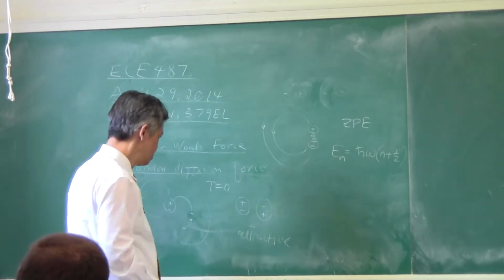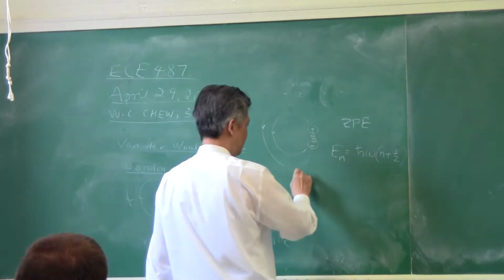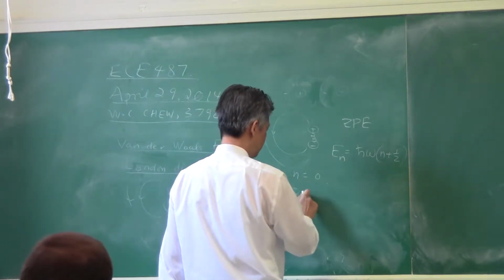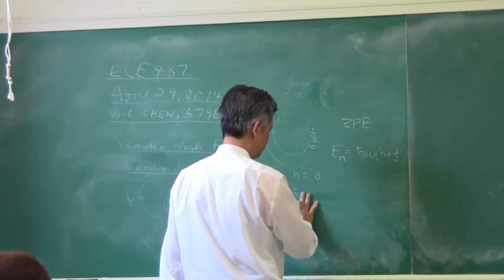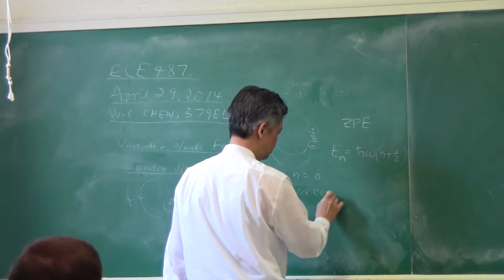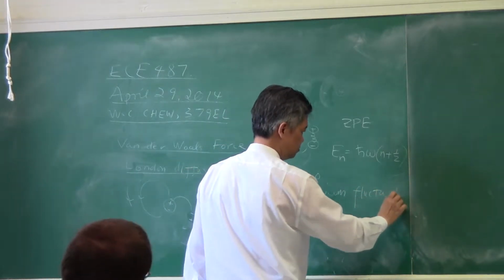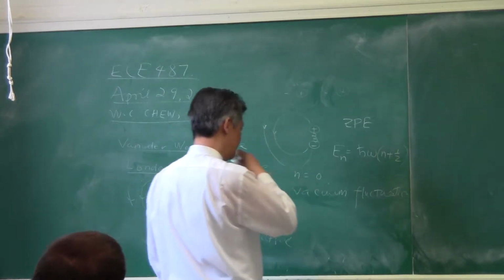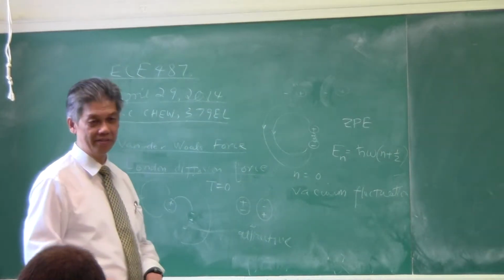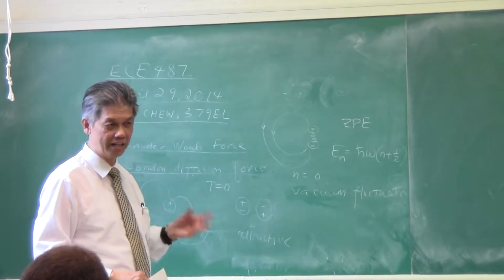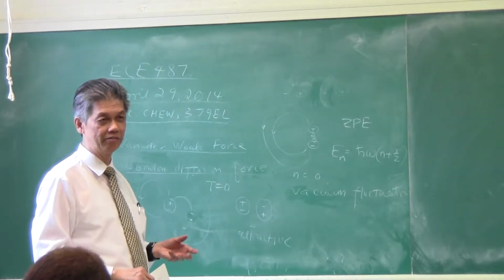So this n equal to 0 is known as quantum fluctuation, or vacuum fluctuation. It means that there is a field in vacuum even when there's no electric field there.